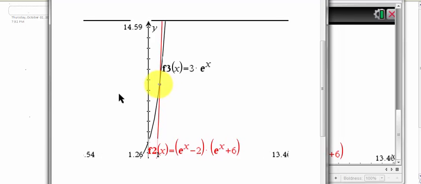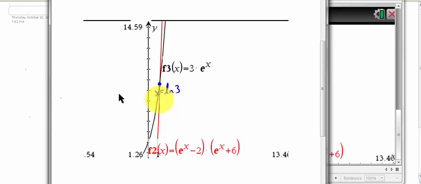So here's the graph. This is natural log of 3 at that point. We could find that point of intersection, but we want the red one to be less than the black one.